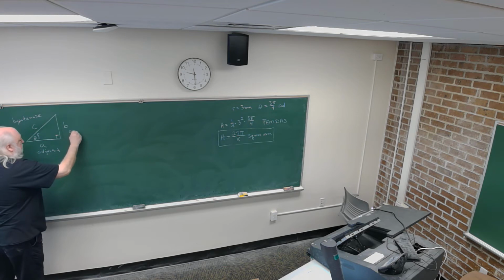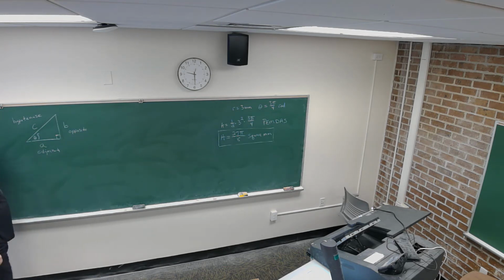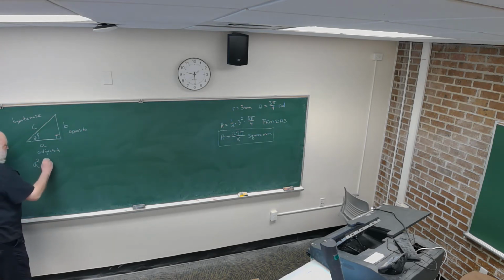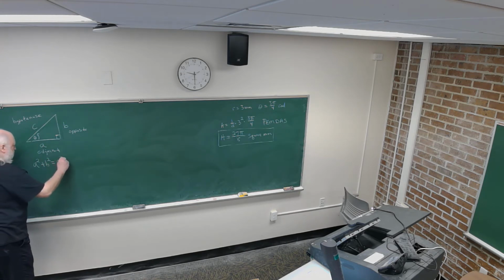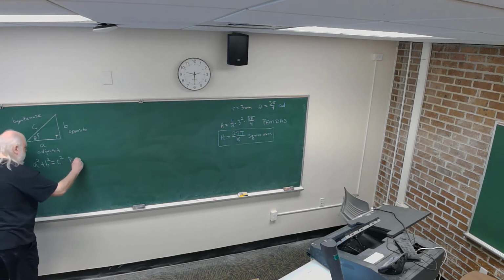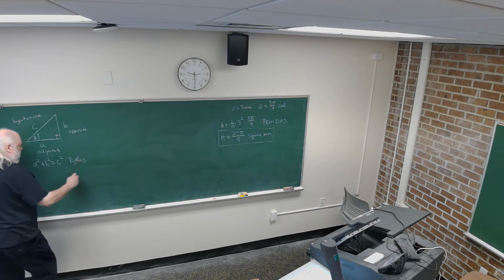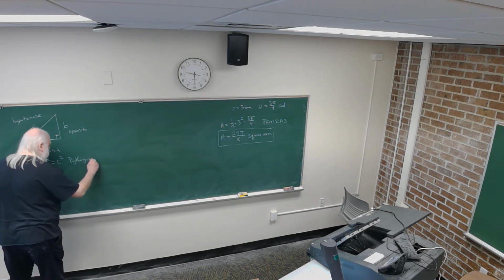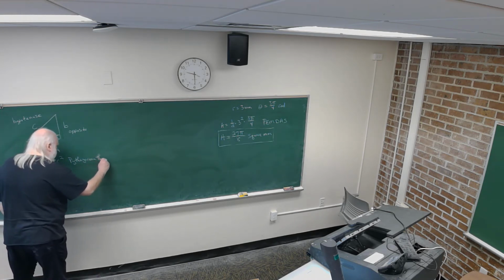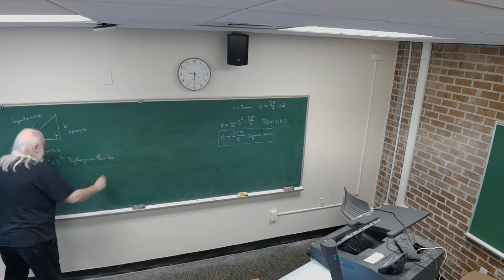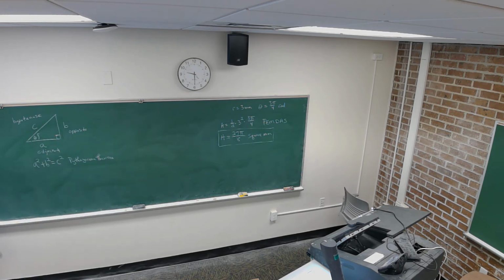And this is called the opposite side because it's opposite the angle theta. And then you're familiar with the Pythagorean theorem: A squared plus B squared is equal to C squared. And this works well for acute angles.